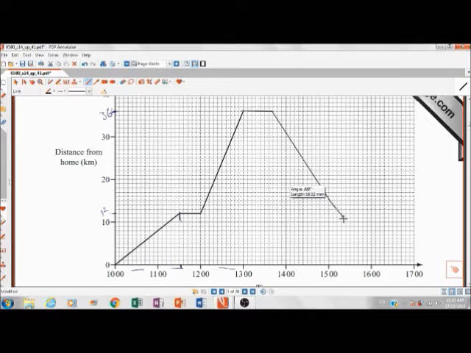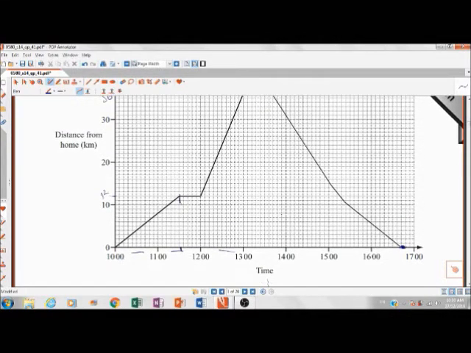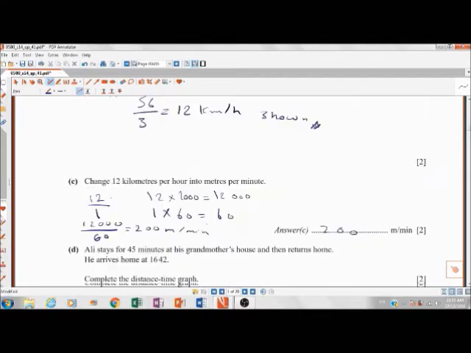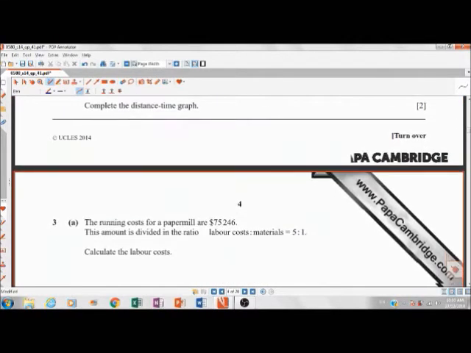And then returns home until 4:42, which is around here. Oops, sorry, this should be a straight line. When you do it, make a straight line. It should be a straight line from here until here. Right, done.